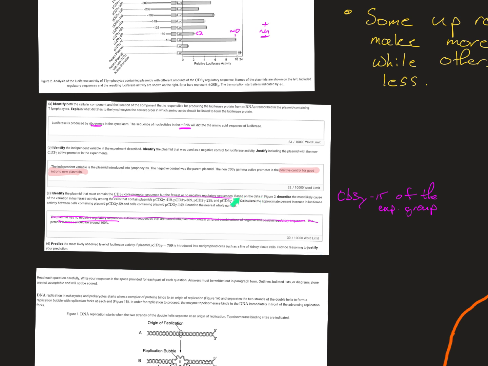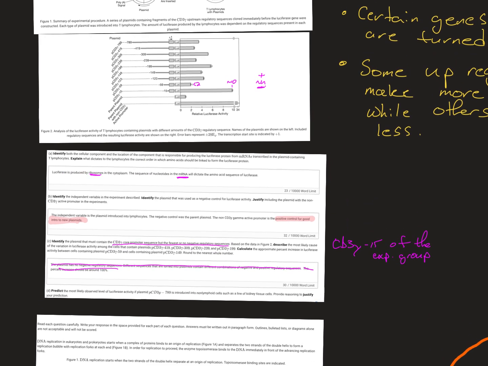Based on the data in Figure 2, describe the most likely cause of the variation in luciferase activity among cells that contain 419, 309, 239, and 199. Right? What's the cause of having those differences?